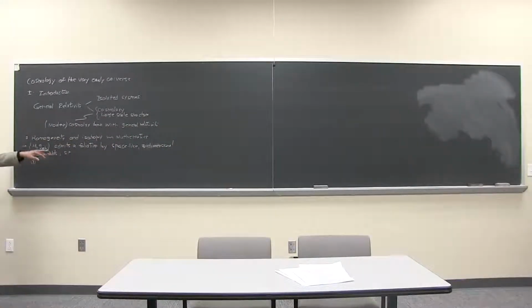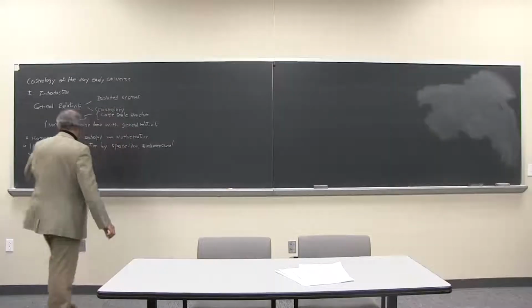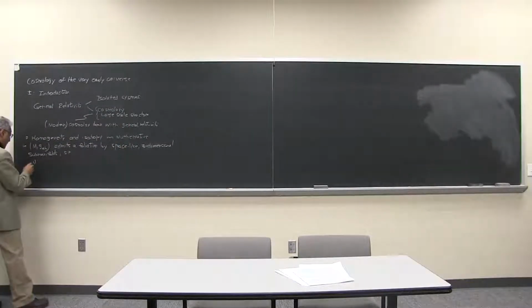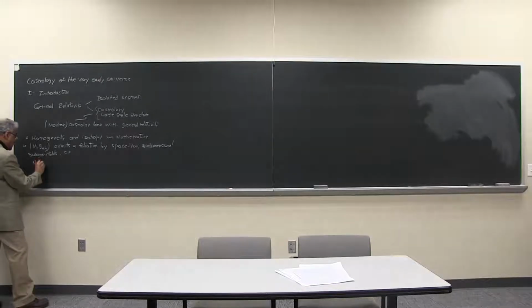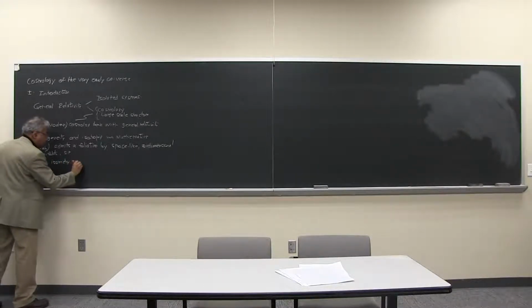So there's a space-like submanifold such that, on each space-like surface, the isometry group, the group generated by Killing vectors, acts simply and transitively.